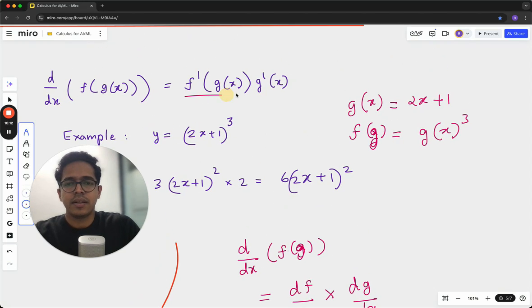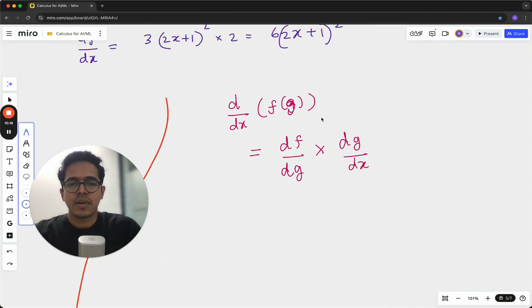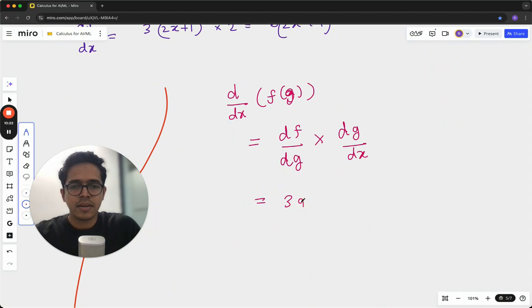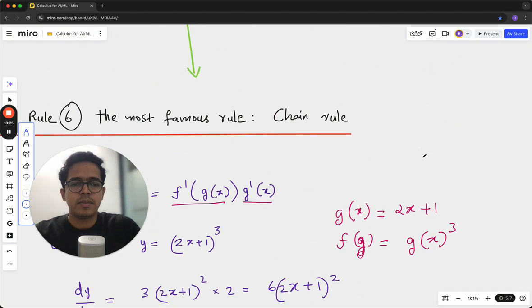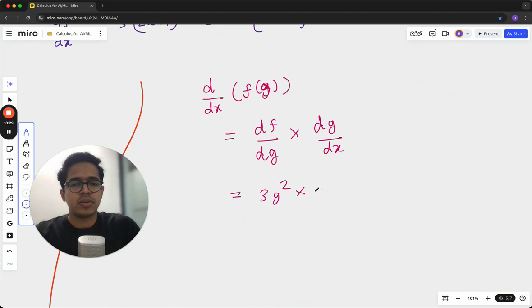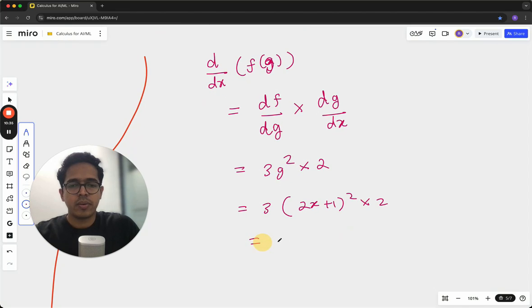Technically this is f of g. So df by dg is 3g square, times dg by dx, which is 2, because g of x is 2x plus 1, so dg by dx is 2. And what is g square? 2x plus 1 the whole square, times 2 equal to 6.